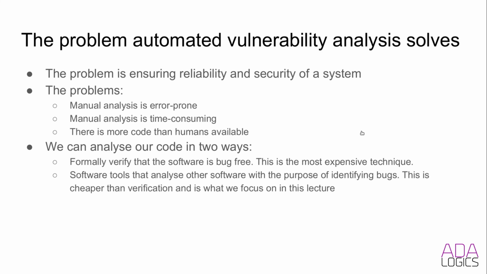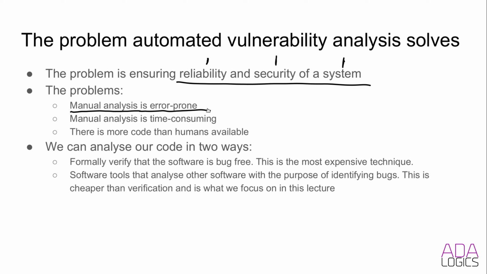To go a little bit more into detail about the actual problem that automated vulnerability analysis solves, essentially the problem is to ensure reliability and security of a given software system. We can ensure reliability and security of a system in multiple ways, and one of them is, for example, to do manual analysis. Manual analysis has pros and cons.